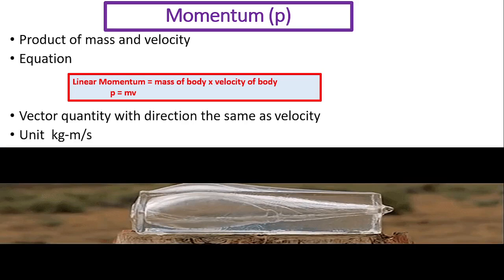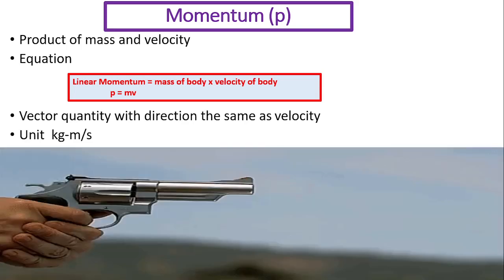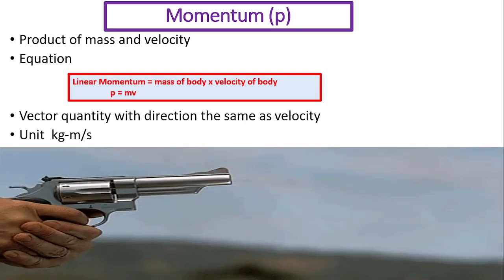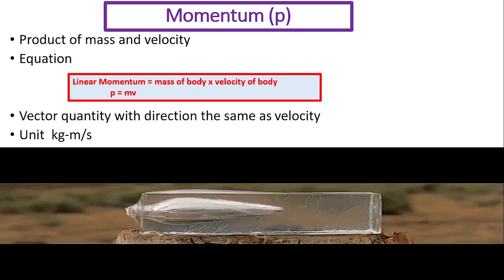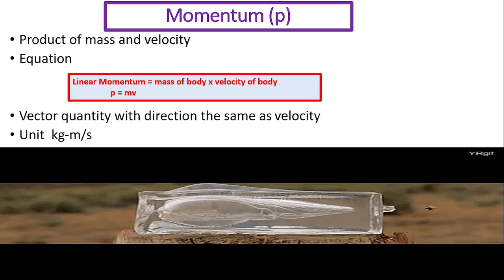The SI units of momentum are kg meters per second. The kg is coming from the mass, and meter per second is coming from the velocity.